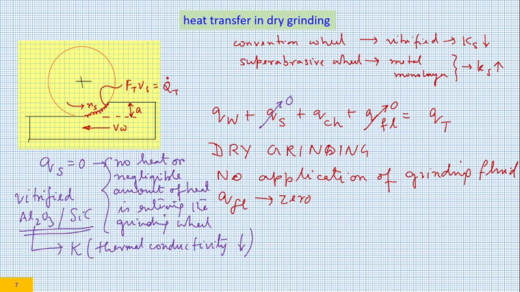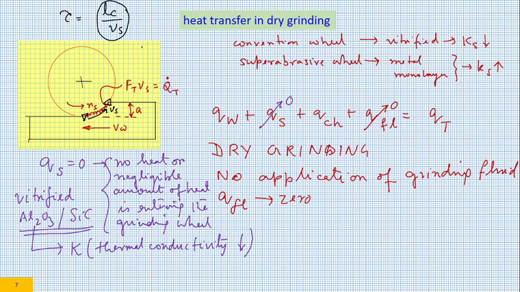Now there is another very important and interesting thing. Say, for example, a grit is passing from this particular point to this particular point with a velocity Vs, and the time taken by a grit to go from this point to this point is LC divided by Vs, and this we have estimated earlier.